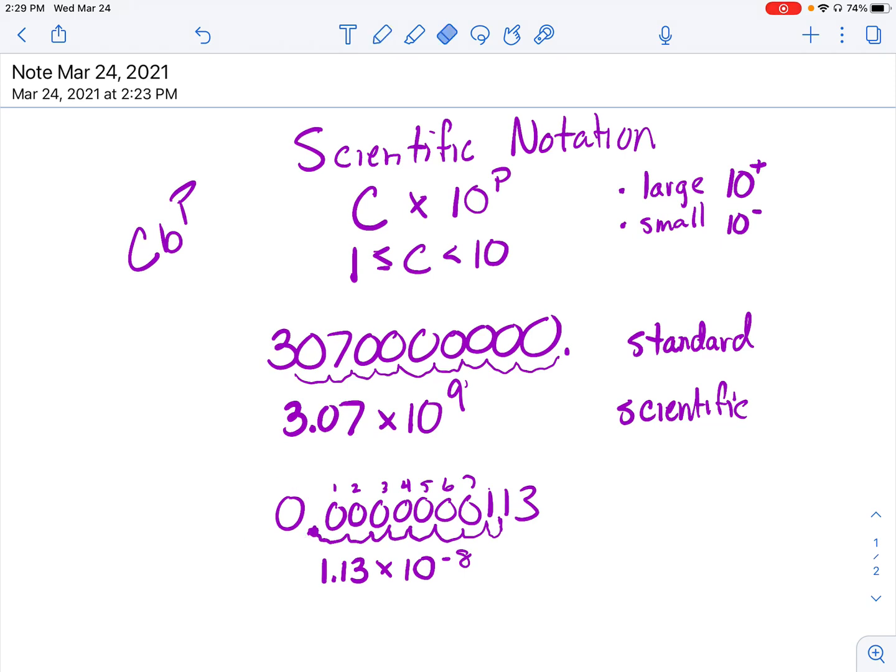Otherwise, that decimal sometimes gets lost in whatever you're trying to do. So be in a good habit of always putting 0 point and then listing off the zeros and those significant digits at the end of it. So 0.00000001 13, or 0.00000000113, is 1.13 times 10 to the negative 8.